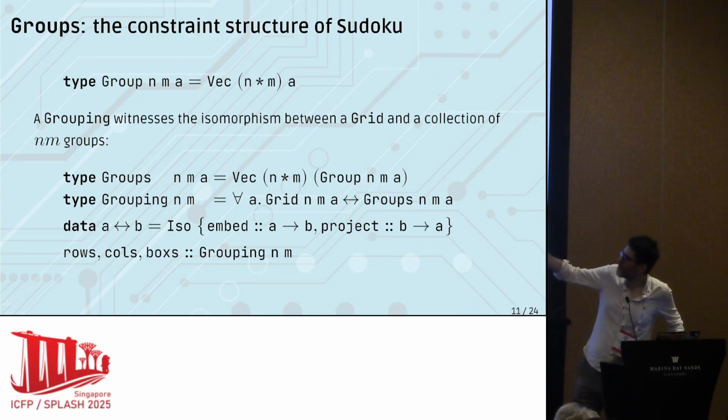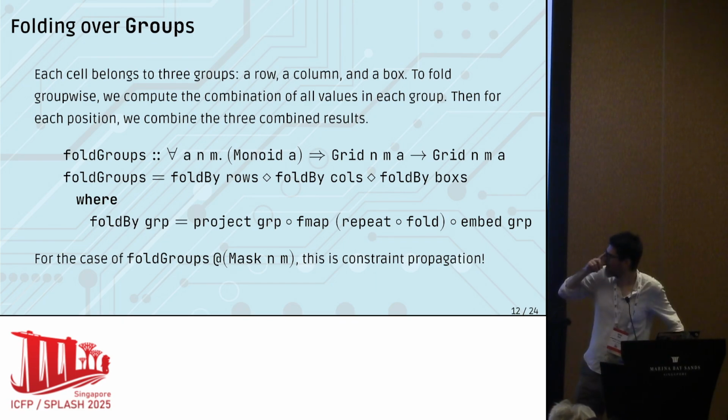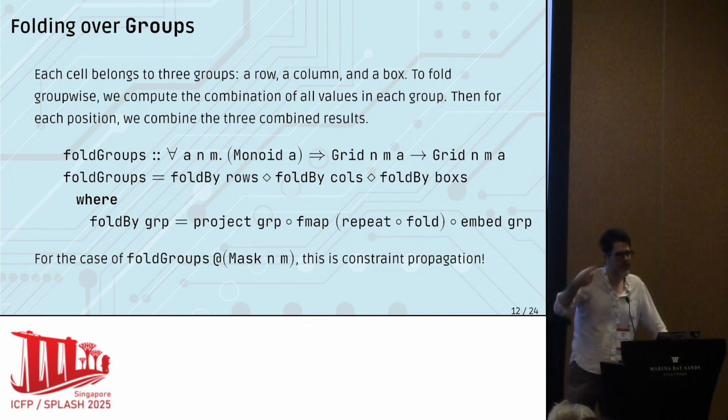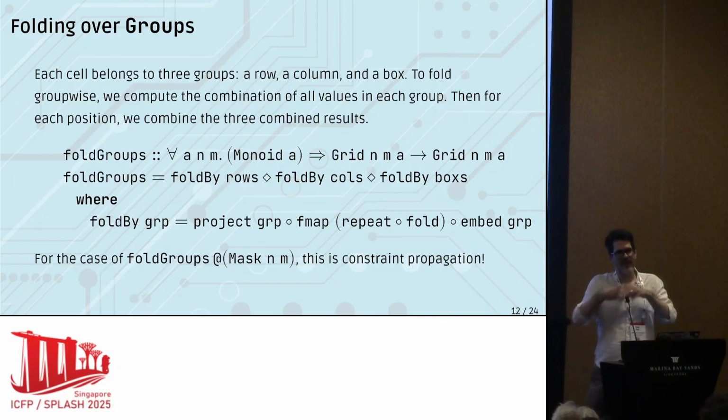And if we do it as bidirectional functions, so like here you see that this A, B, both ways arrows just means you have a way of going from A to B and B to A. So if you use these two-way mappings, then that gives you that we can fold over groups by basically going into the grouping, so reshaping our grid into a vector of rows or a vector of columns or a vector of boxes, and then folding each individual such group, but then we can smear that back into the original structure.